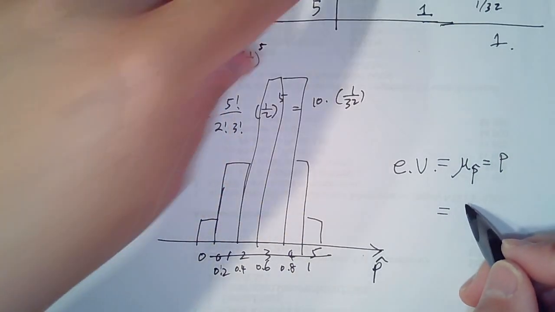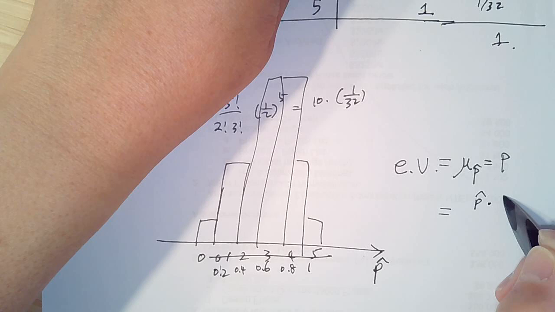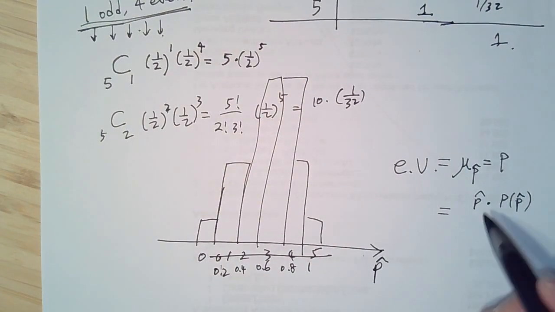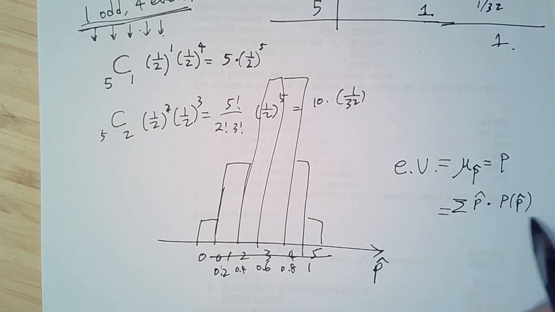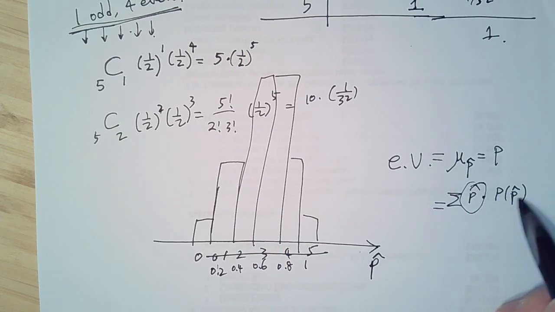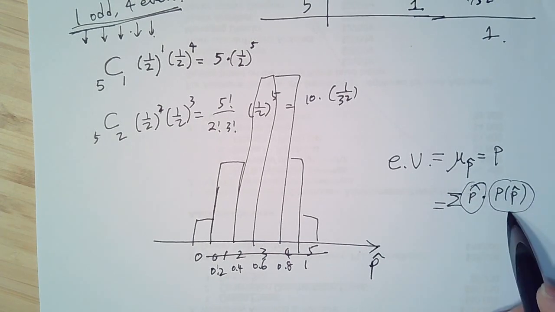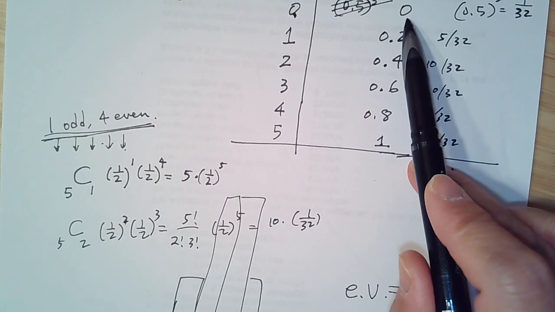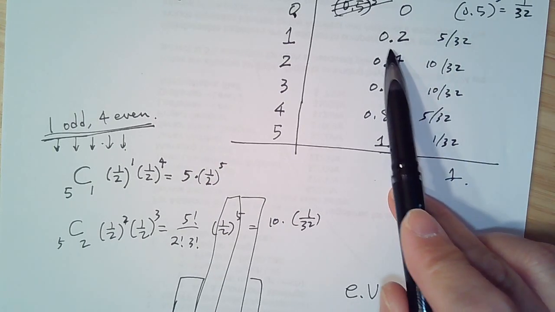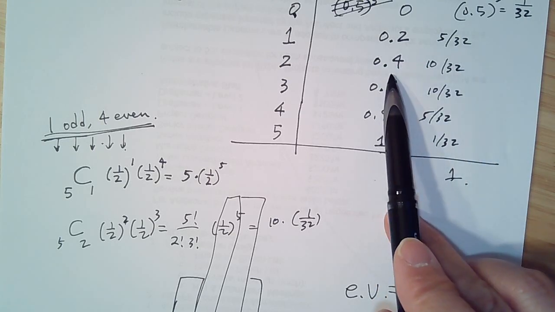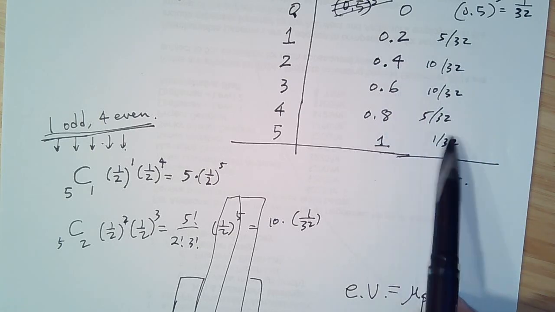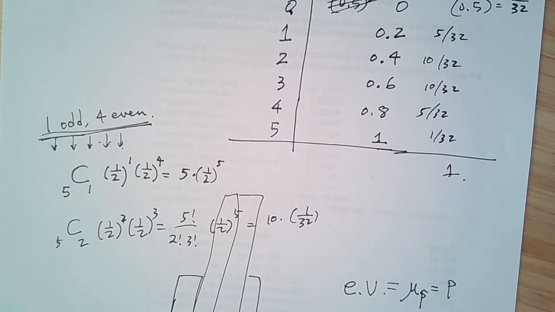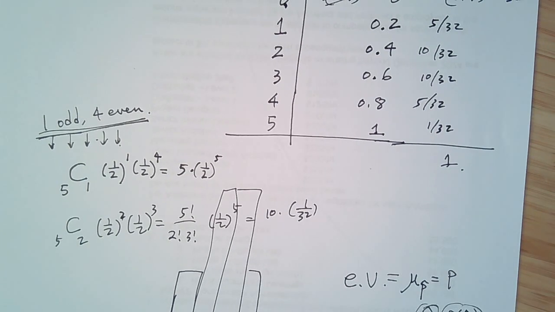What we're going to use is each p hat times the probability of that p hat. I'm so sorry, there are so many p's, but this is the p hat value, and this is the probability of that p hat value. You multiply and then you add up. So you're going to use 0 times this, 0.2 times that, 0.4 times this, and 0.6 times that. So you do things like that. At the end, you will get the average, which is 0.5.